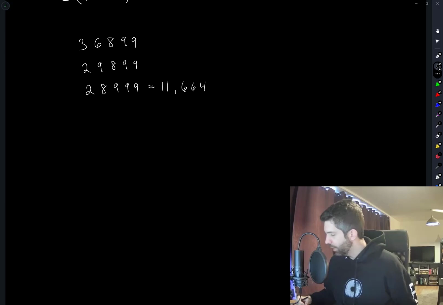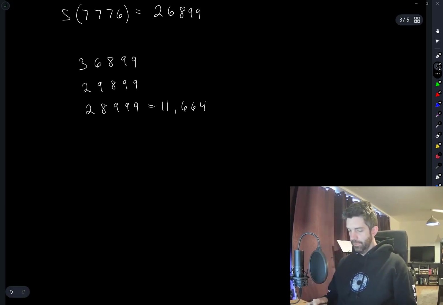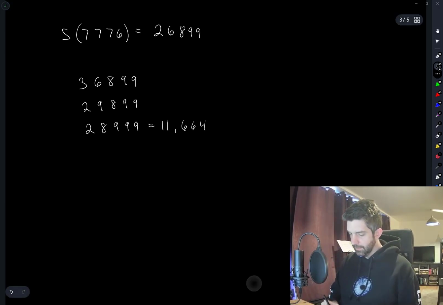One way of thinking about this problem is start with any legal output of the function. So for example, 2, 6, 8, 9, 9.